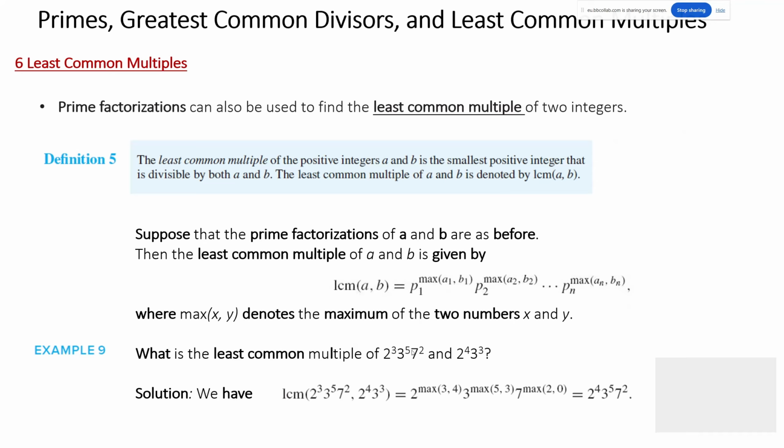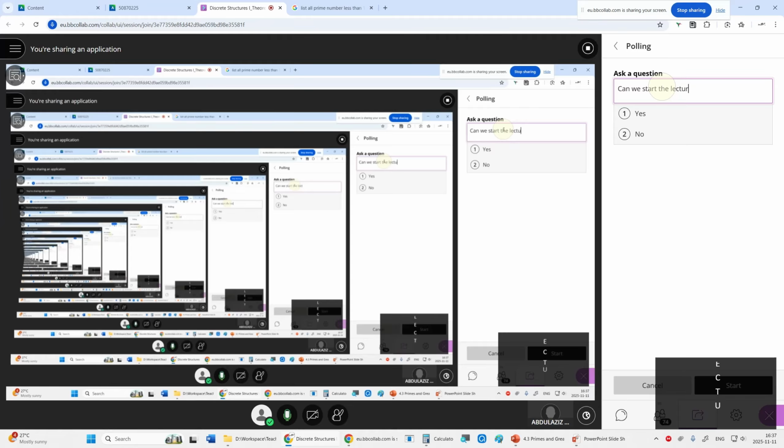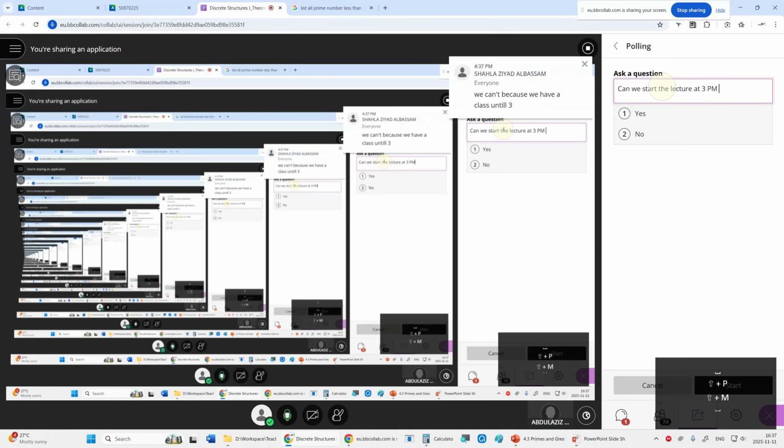If we start at 3, for example, this might give us some time. I'm not sure this is going to be possible for everyone, but at least for those who are here, I think many people are missing, at least I can have an idea about what's going on.